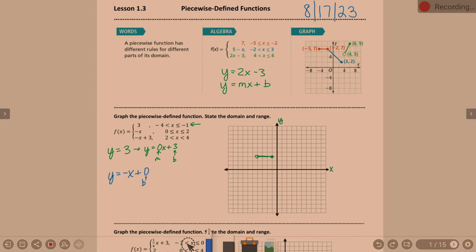When I start trying to plot my line out, it's going to go through 0, 0. What's my slope? It's the number in front of x, which officially is -1. What is -1 as a fraction? -1/1. And what's our phrase for slope?